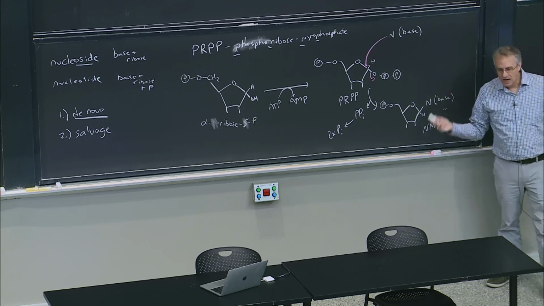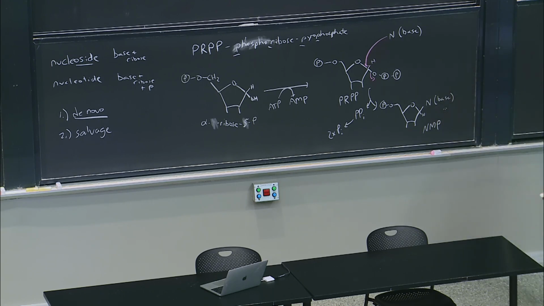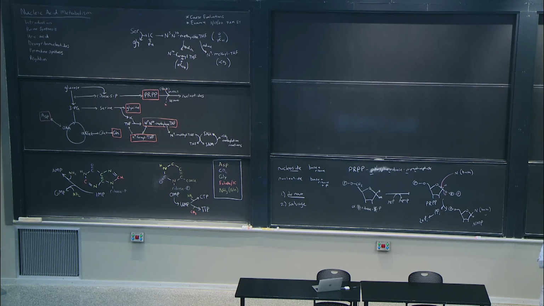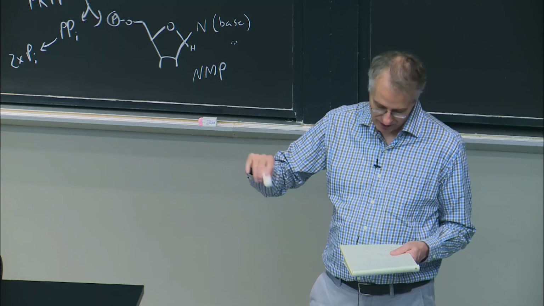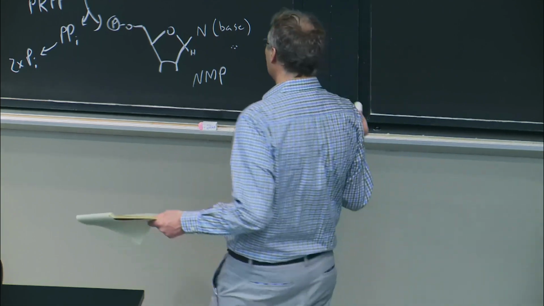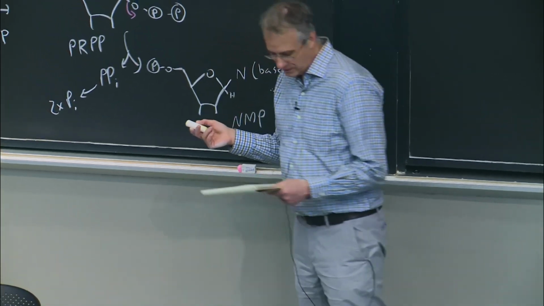Now, today, given our limited amount of time, I'm really going to focus on de novo synthesis of purines and pyrimidines. I will discuss a little bit about purine catabolism. Mainly, this is because these are the topics where there's the most to say about biochemistry and metabolism that builds off a lot of the themes that we've covered in the class.